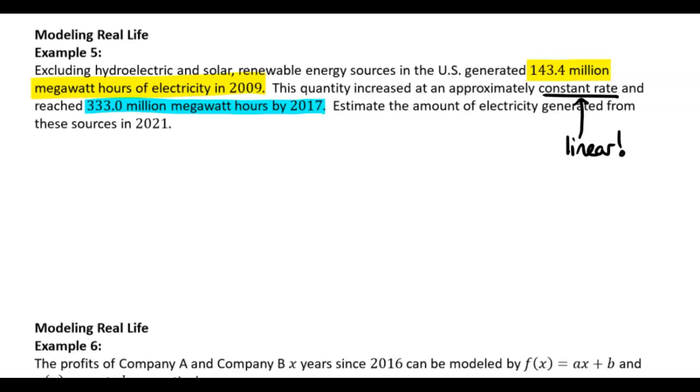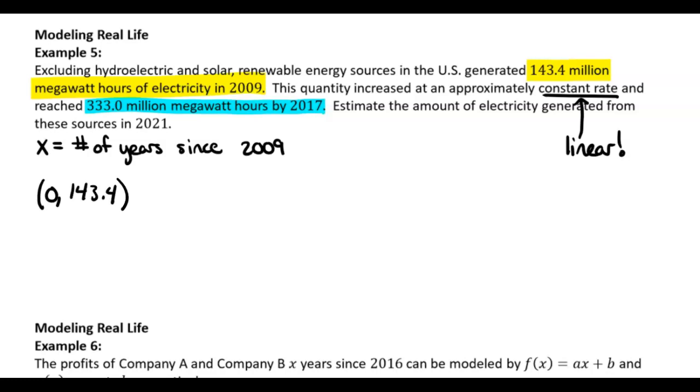So the first thing we're going to do is let x equal the number of years since 2009, because we started in 2009. So in 2009, that was 0 years, and it was 143.4 million megawatt hours.